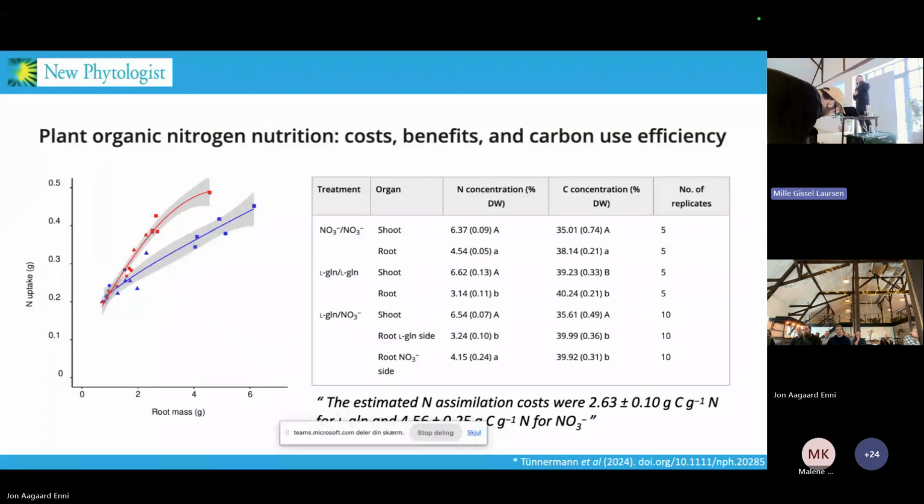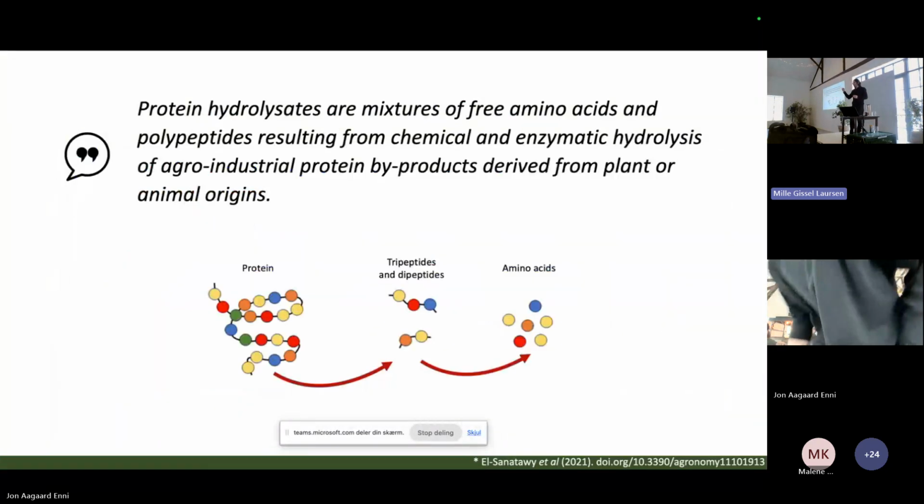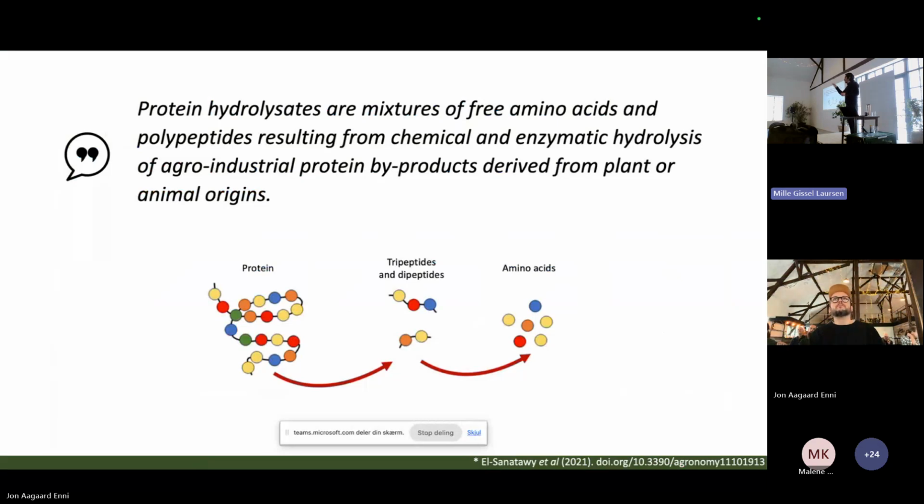Let me give you one more example, which plugs into the point you're making. In this example, the treatment is a protein hydrolysate product. So what is a protein hydrolysate?